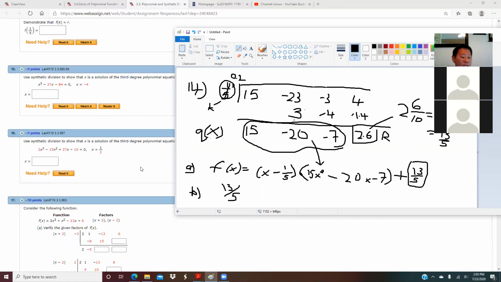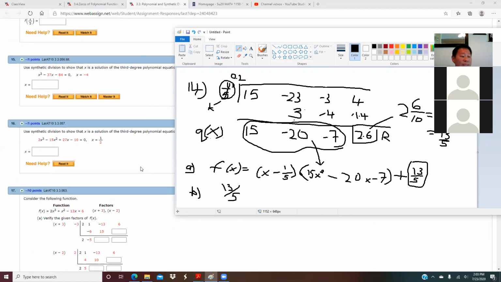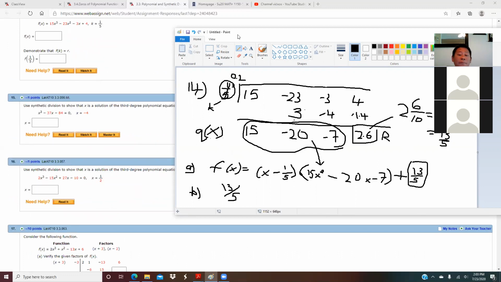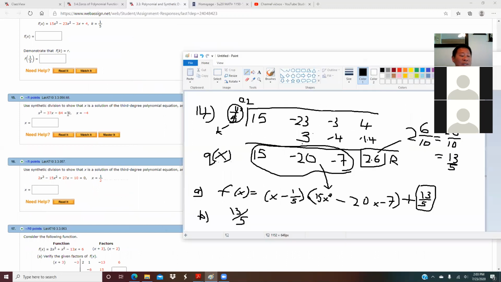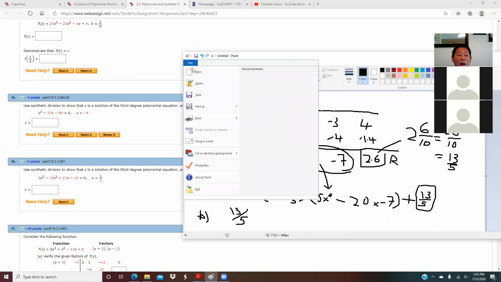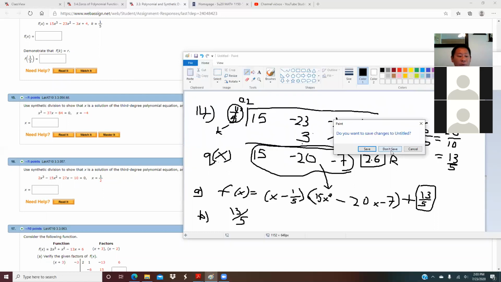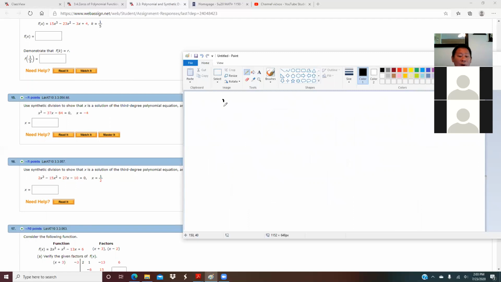Next is question number 15 and 16. Let's do number 15. They want you to use synthetic division to prove this is a 0. So how do we do that? To prove it, you have to synthetic it. You got a -4 here.